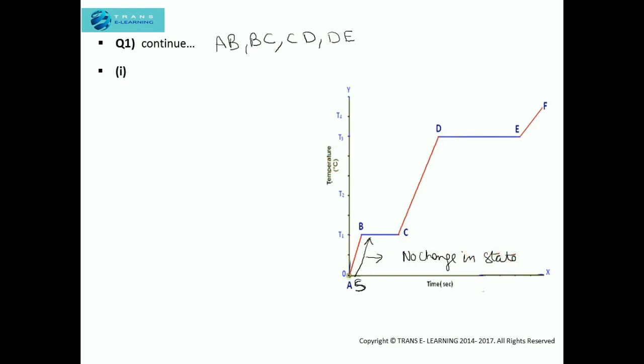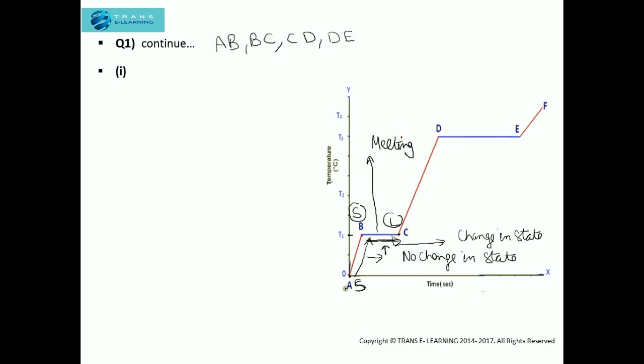So if point A represents the solid, the B point will also represent the solid, and this part of the graph where we have a horizontal line, there is no change in the temperature. This phase represents a change in state. So the point C will represent the liquid phase, and the transition from the solid phase to the liquid phase on heating is known as melting.